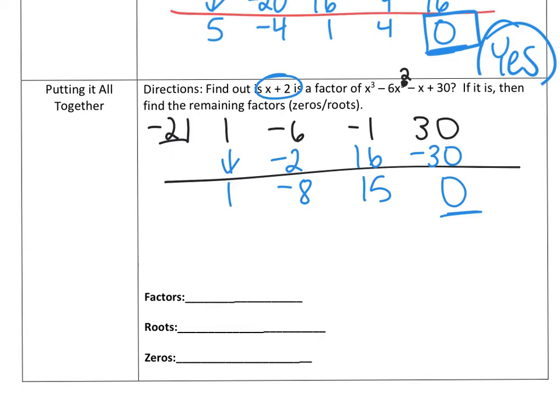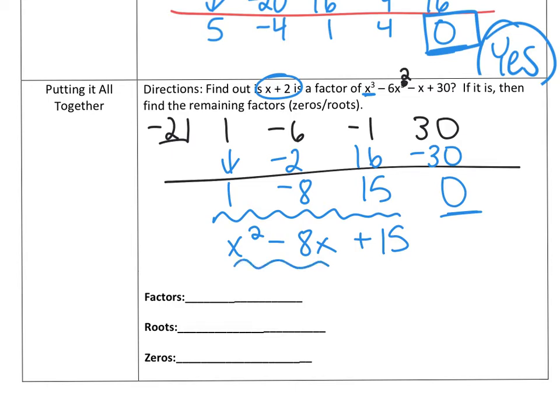Now, what I have left, if you remember, is another factor, a polynomial, a little bigger than x plus 2. It's going to have one exponent less than the exponent of 3. So this is going to be x squared minus 8x plus 15, and that is a factor of this as well.